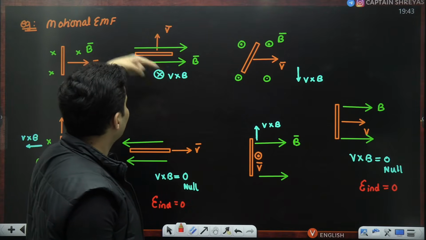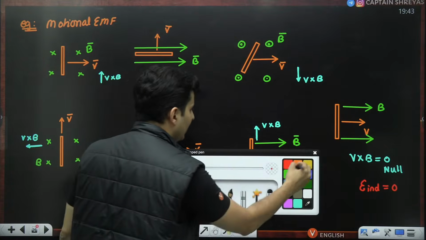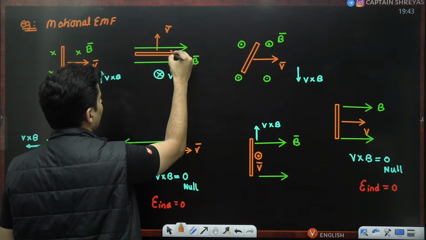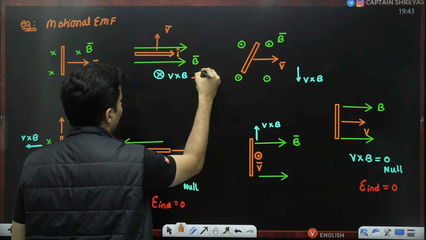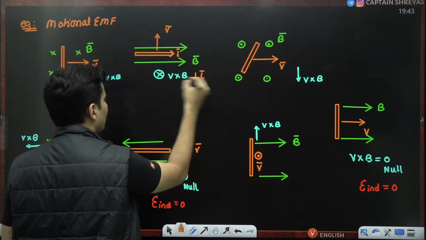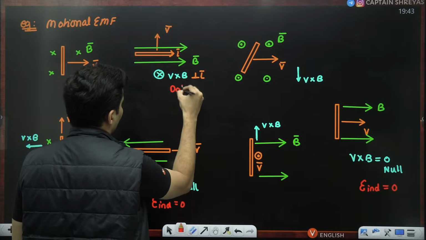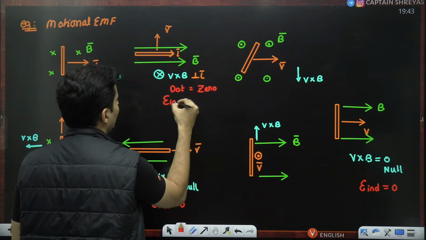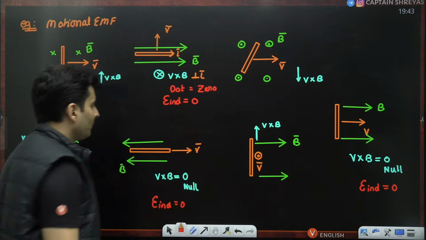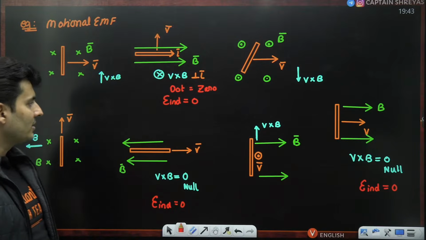Oh, it is perpendicular. Can you see that? The length vector is definitely perpendicular to V cross B. So the dot product will be a big fat 0. Hence the EMF induced in this case will also be 0. A lot of people think there will be EMF induced. No, it is 0 in this case.